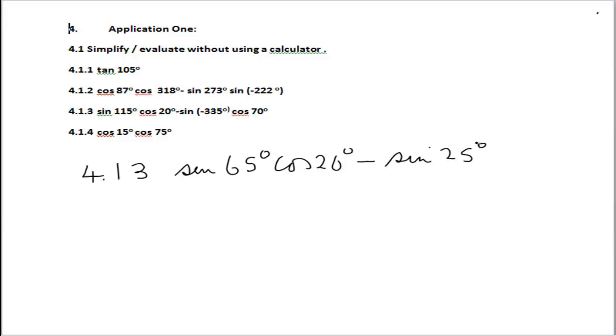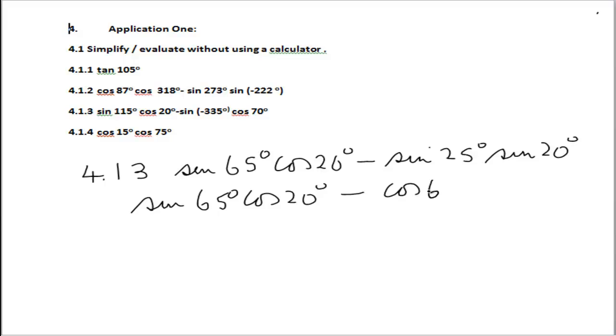Now you'll notice we've got cos of 70 and cos 20. So I make it sine 20, because they're complementary ratios, 70 plus 20 is 90. Then I can do this strategically: sine 65 cos 20 minus cos 65 sine 20.